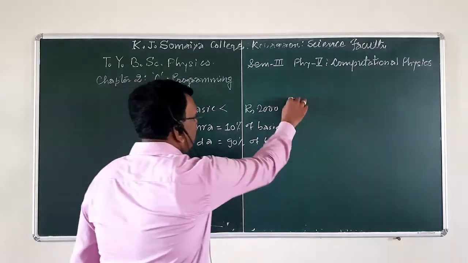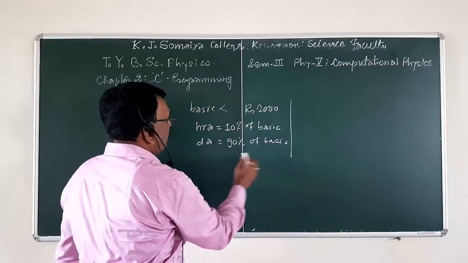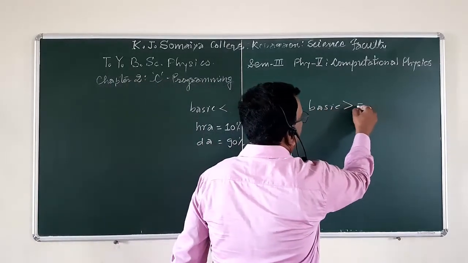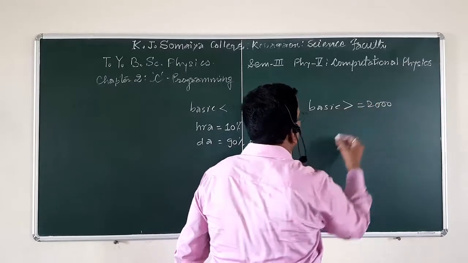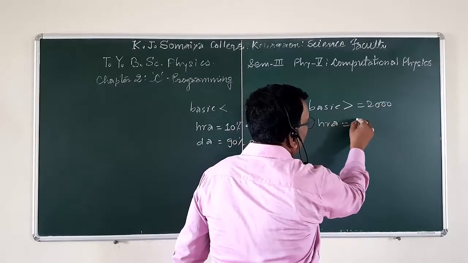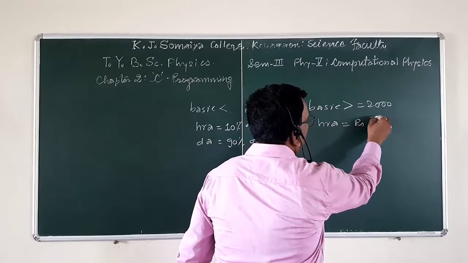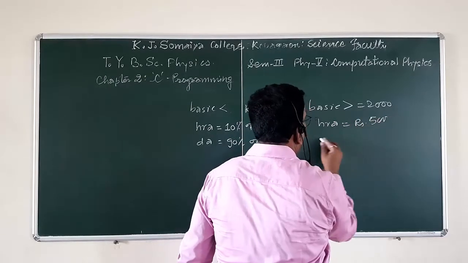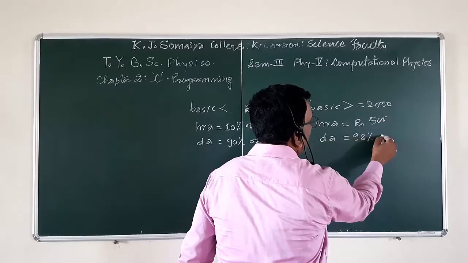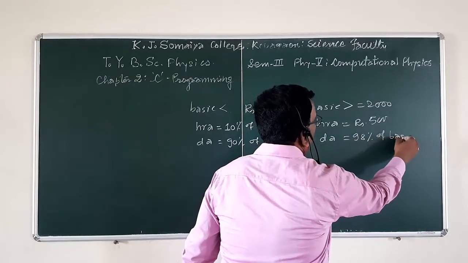This is the first condition. If basic is greater than or equal to 2000, then HRA is a lump sum, equal to rupees 500, and DA is 98% of basic pay.